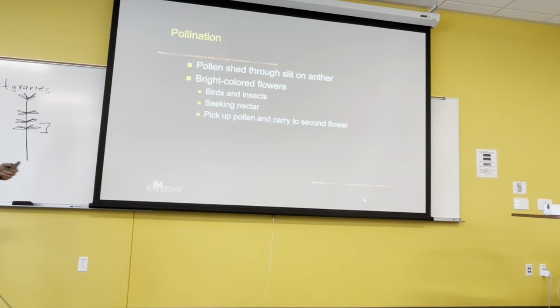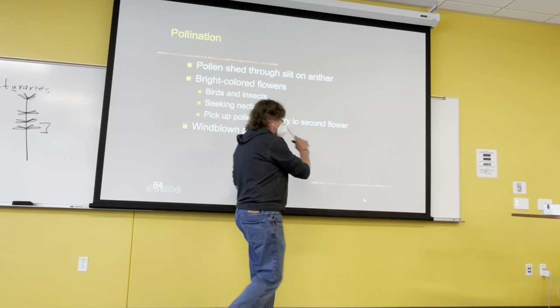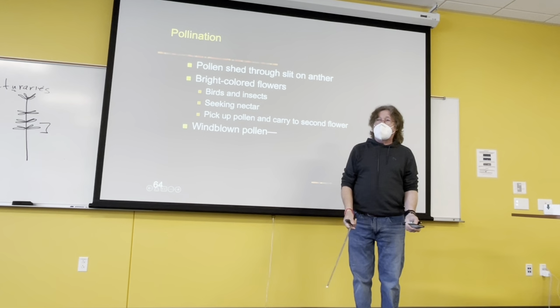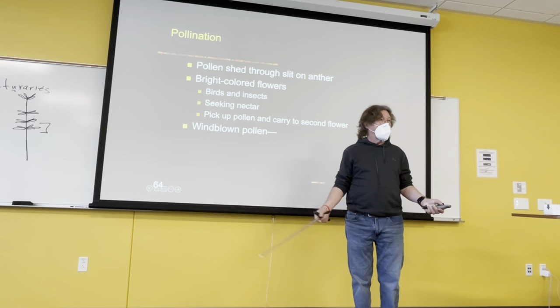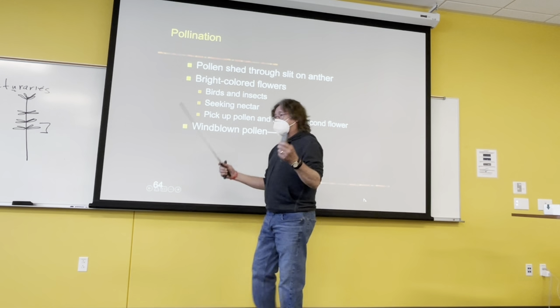That is what they're coming for, nectar. But this is how they pick up the pollen. By way of getting to the nectar, they rub against the anthers and the pollen gets on them. And then they go to another flower, to try to get the nectar.